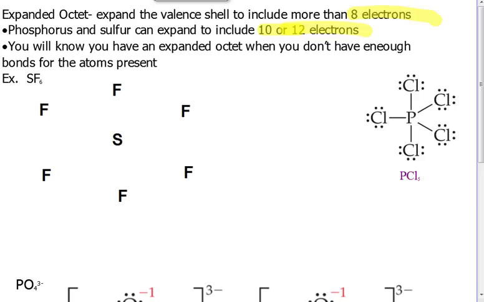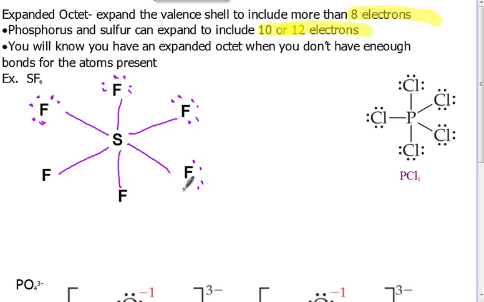Here's a sulfur that won't follow the rules. It's actually one of my favorite gases. Sulfur has 6, and there's 6 fluorines. This is called sulfur hexafluoride. Sulfur hexafluoride's one of my favorite gases. So much so that I think we're going to pause for a second and watch a video about it.